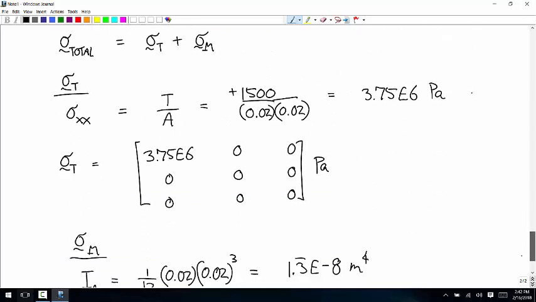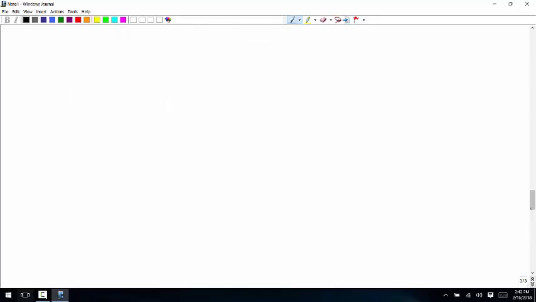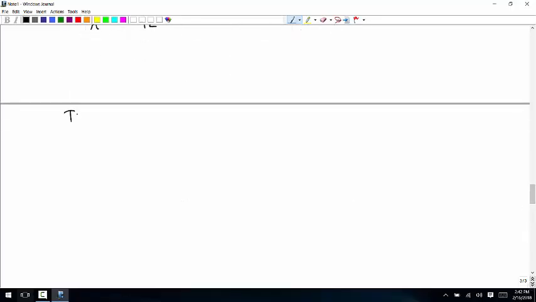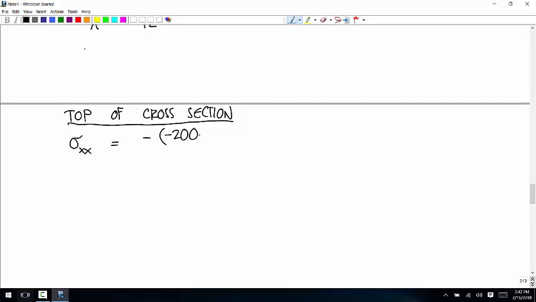Okay, so at the top of the cross section, sigma XX is equal to negative, and what was the bending moment? Negative 200. So negative 200 times y. Y is positive if you're above the neutral axis, so this is going to be 0.01.